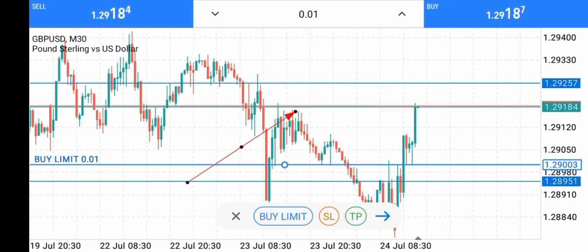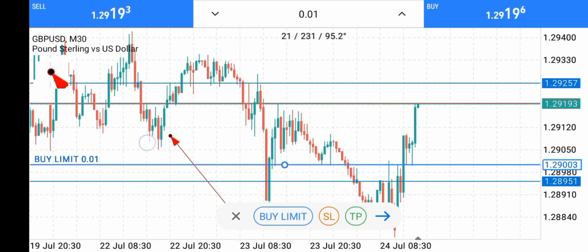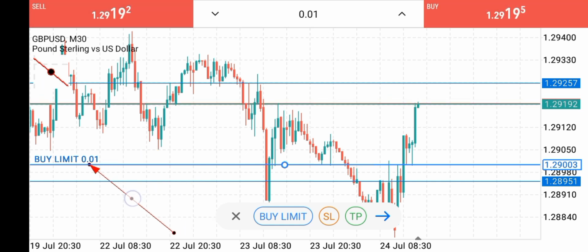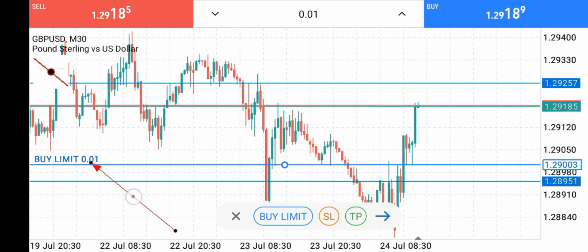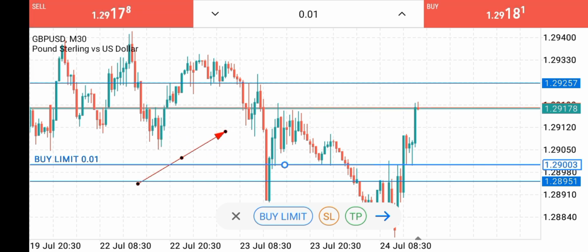I'm giving an example. As you can see, your buy is in 0.01 lot size. That is the minimum amount of lot size. Remember I said 0.01 lot size is the minimum amount of lot size. So that is where you placed your buy trade.